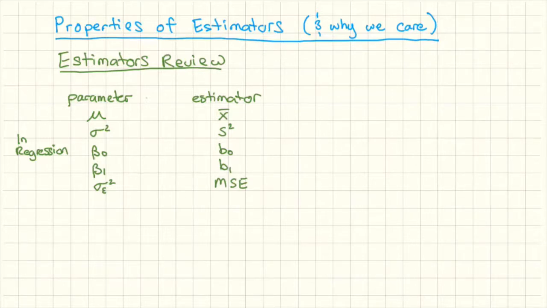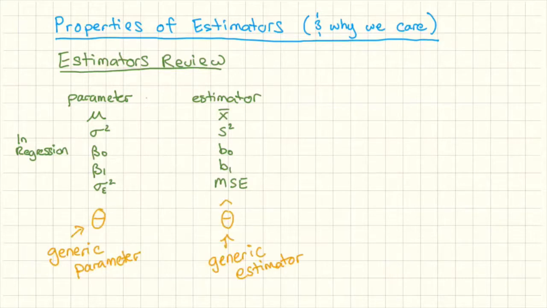And we have our error variance, and our estimator for that is the MSE. When I'm writing about estimators, I'll probably use a generic parameter theta, and the generic estimator of it is going to be theta hat.